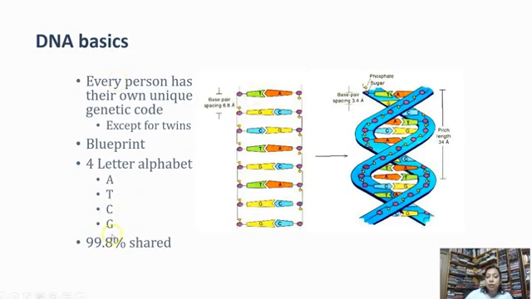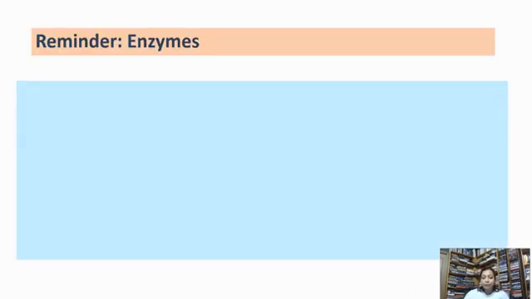That's what they're usually written as, and those are what you'll see in the DNA structure. 99.8% of the sequences are shared amongst all human beings, but then there are those changes that make us who we are based on the different alleles that are present within an individual.